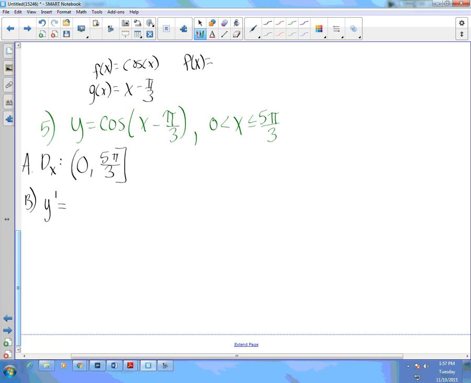Now, what's the derivative of cosine? Negative sine. The derivative of cosine is negative sine, the sign changes. G of x, g prime is 1. Alright, that's right.